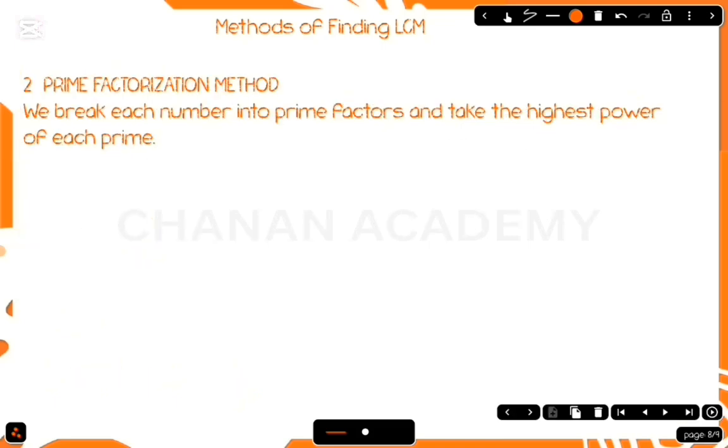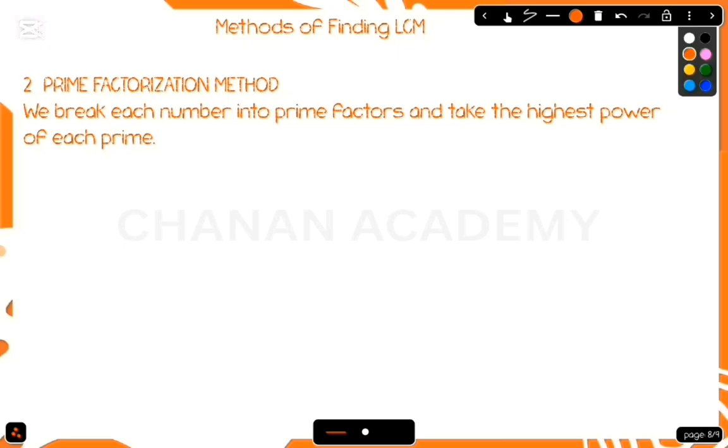So the next method is the prime factorization method. In this method, we break each number into prime factors and take the highest power of each prime. So let's take an example.